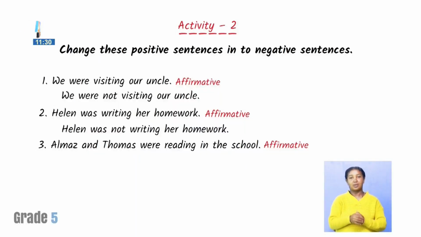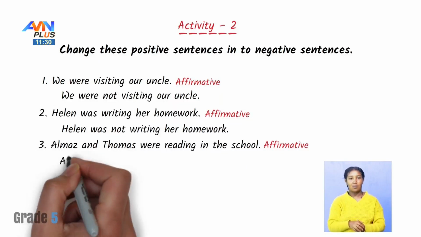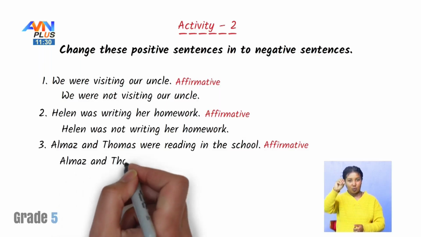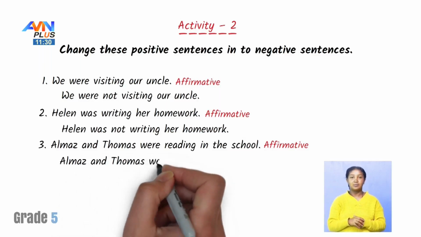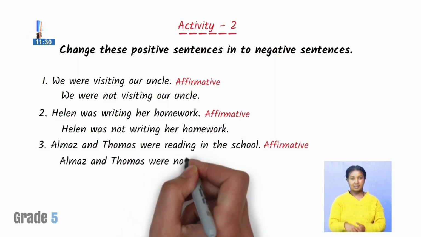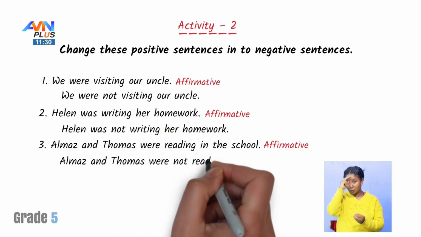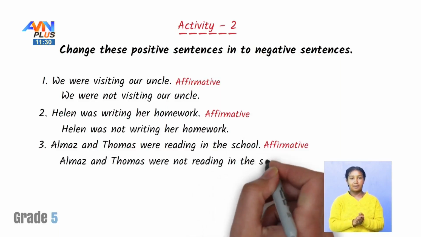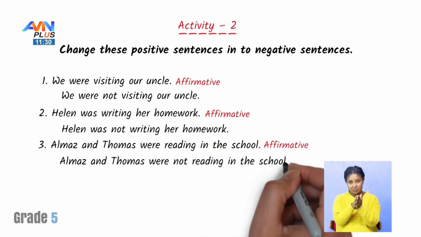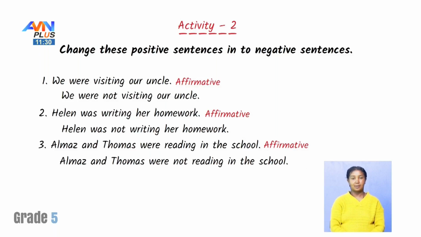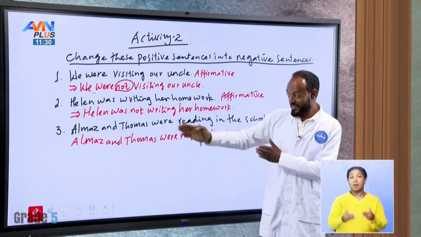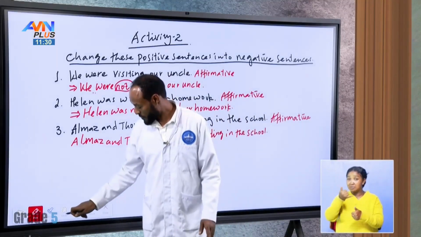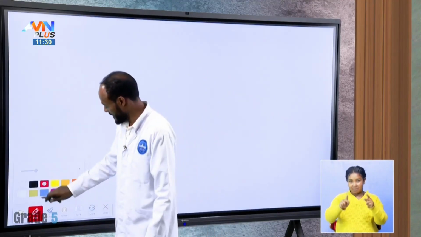The subject should be written just as it is. Almaz and Thomas were not, because they are two, were not reading in the school. I hope you did like this. Bravo. If you didn't do like this, please try to read again and again. You can be perfect, okay?